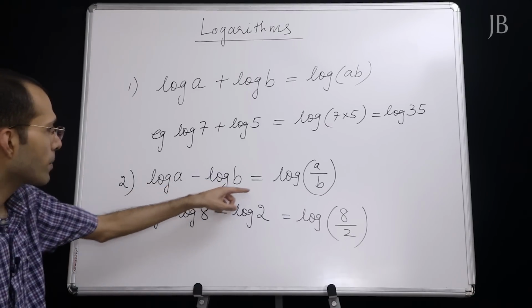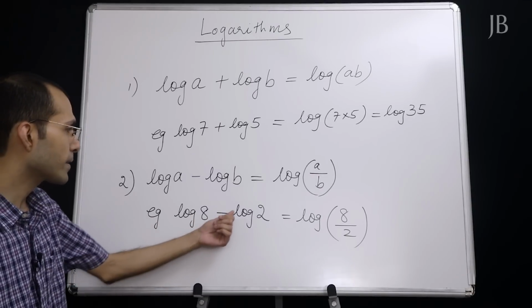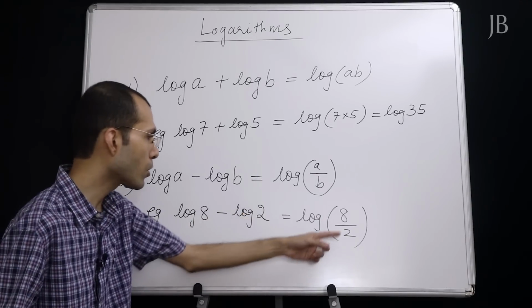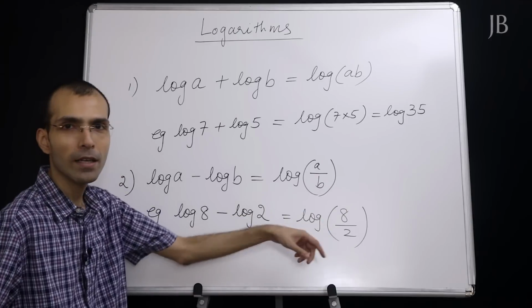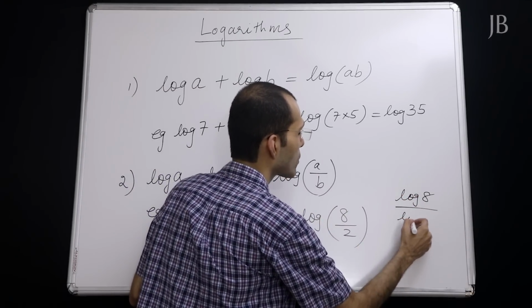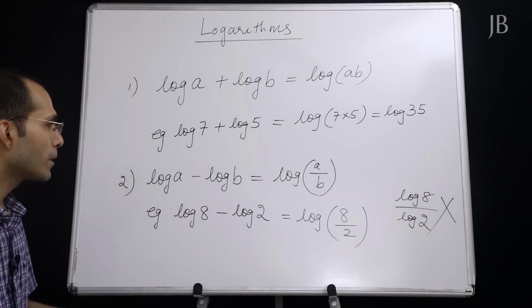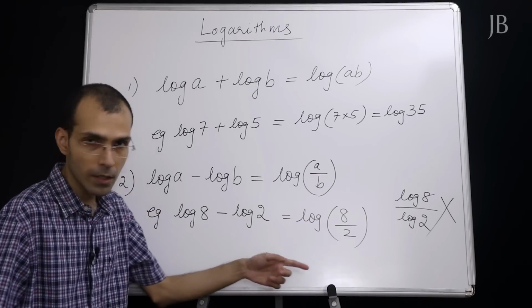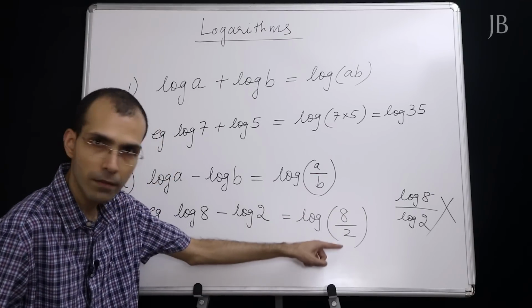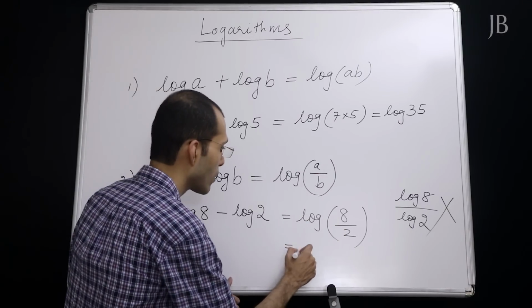Log A minus log B is log of A by B. So, log 8 minus log 2 will be log of 8 by 2 and not log 8 upon log 2. No, this is wrong. It will be log of 8 by 2. Now, this can be simplified here because it is 8 divided by 2. So, this will be log of 4.